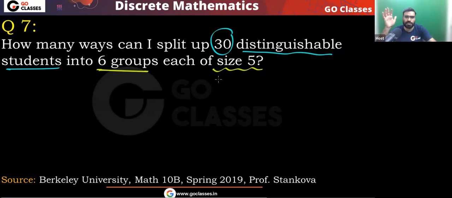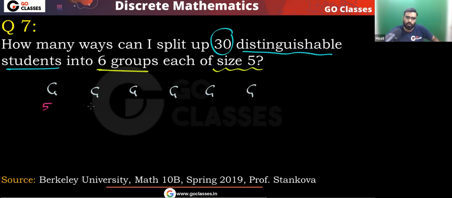No, these are not labeled groups. These are unlabeled, very simple. You have 30 students and you want to split them into 6 groups, completely unlabeled groups. So it's like these are G, G, G, G, G, G. Now, what do you want?